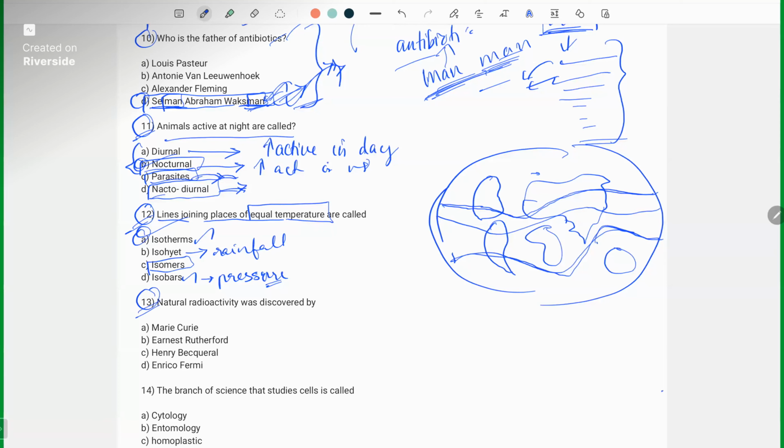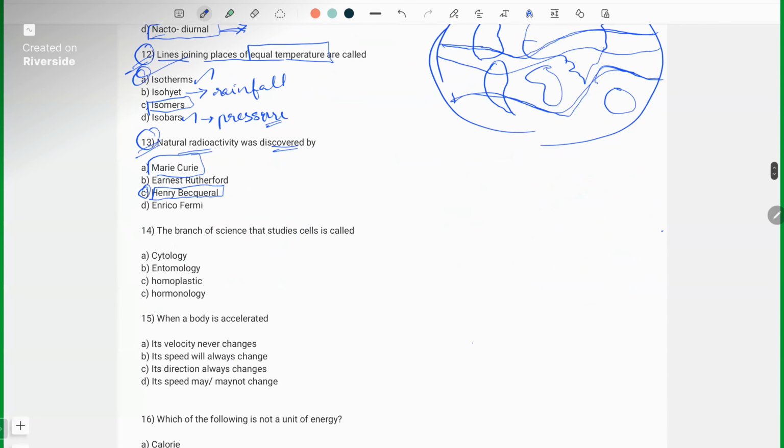Come to question 13. Natural radioactivity was first discovered by Henry Becquerel. Very good. It was discovered by this person, but if they ask who named it, it is Marie Curie. Okay, come to question 14. Use root word kind of stuff. What is the answer? Psychology.